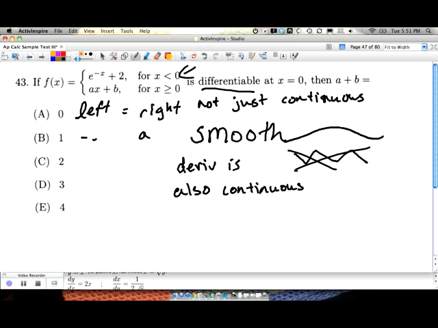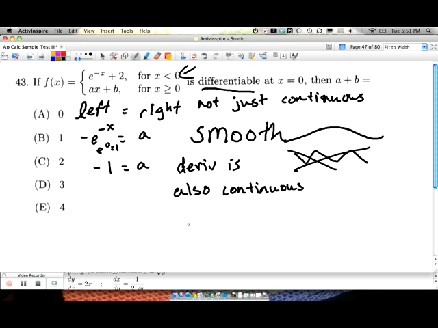The derivative of that is negative e to the negative x. And we notice that x is going to be 0, so negative e to the 0 equals a. Actually, negative 1, pardon me, because e to the 0 equals 1, and that's going to be a negative 1. So negative 1 equals a.